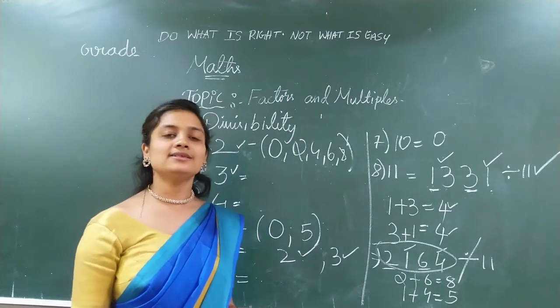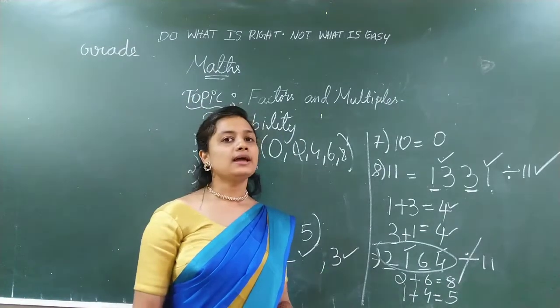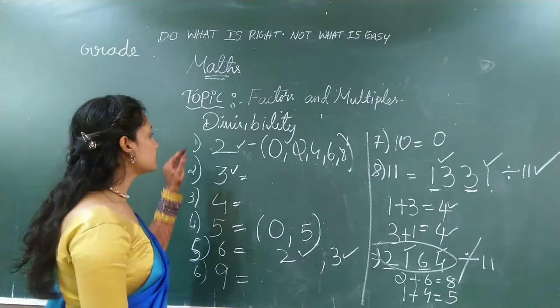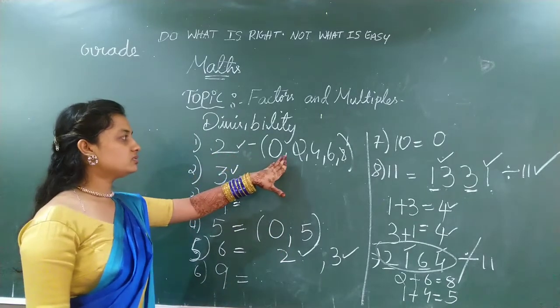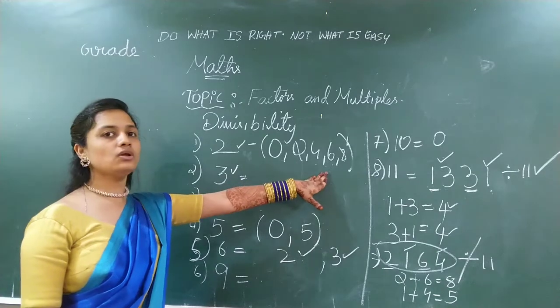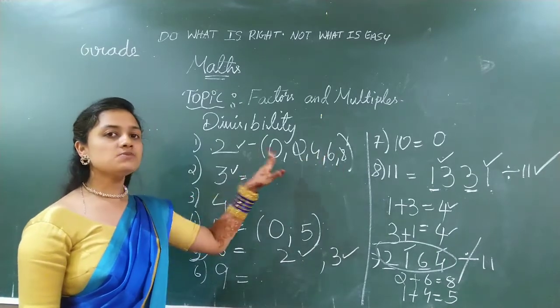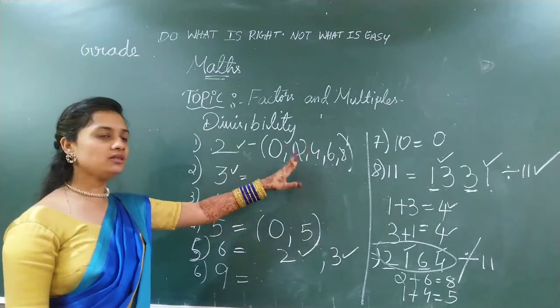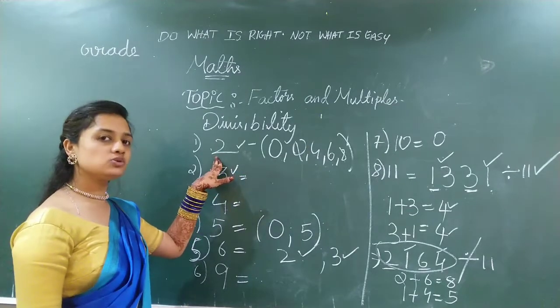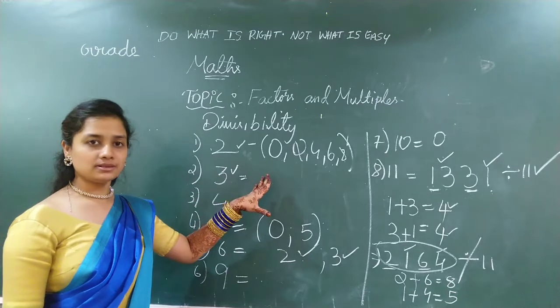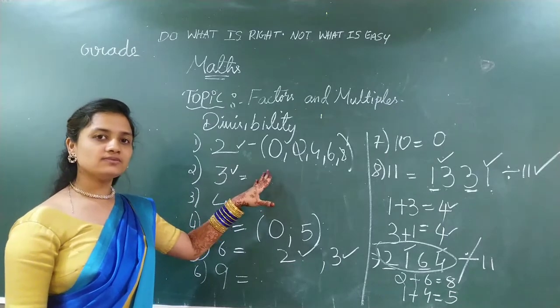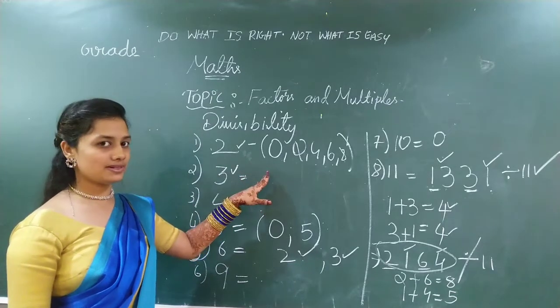So let us revise the divisibility once again and we will conclude. First, divisibility of 2, you should have 0, 2, 4, 6 or 8 in the unit place, then it will be divisible by 2. For 3, add all the numbers and see whether the answer is in the table of 3.